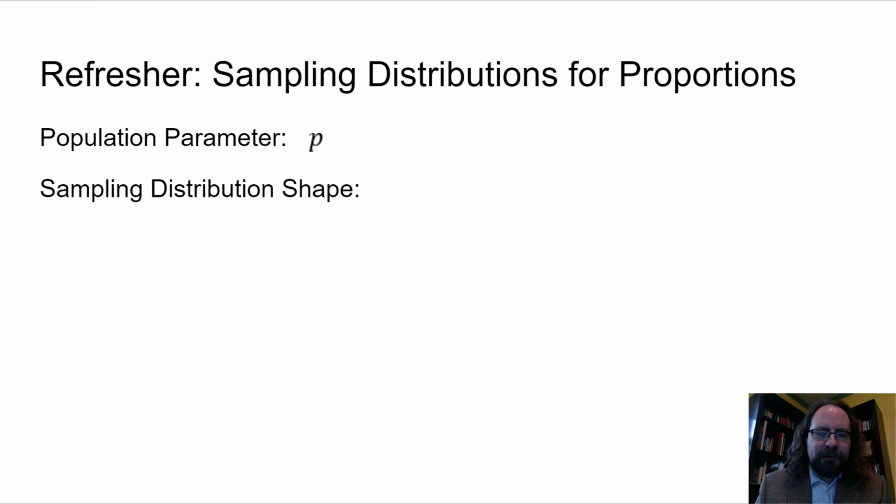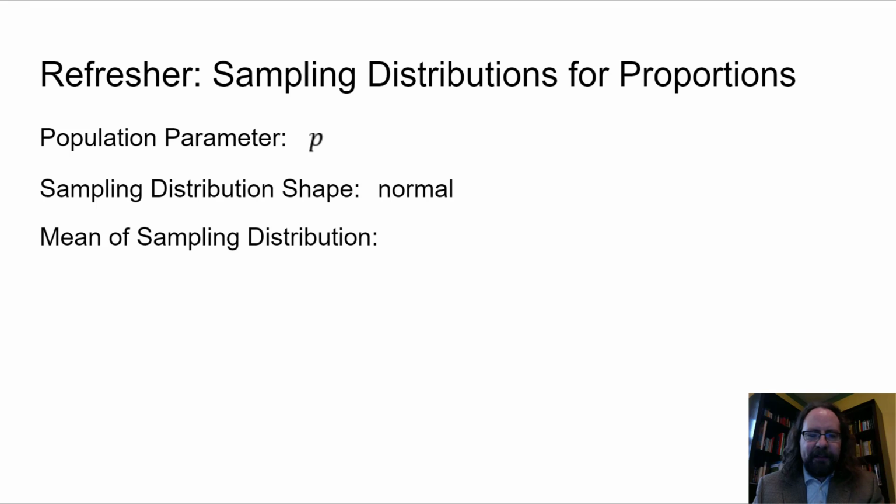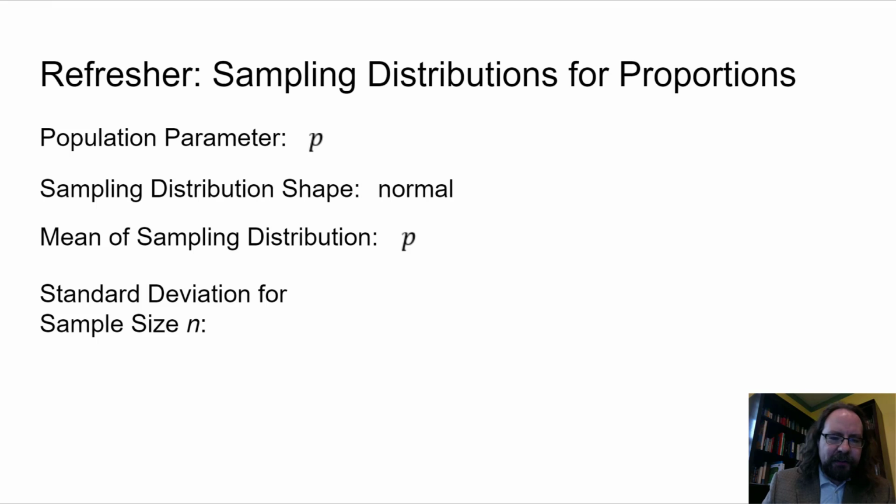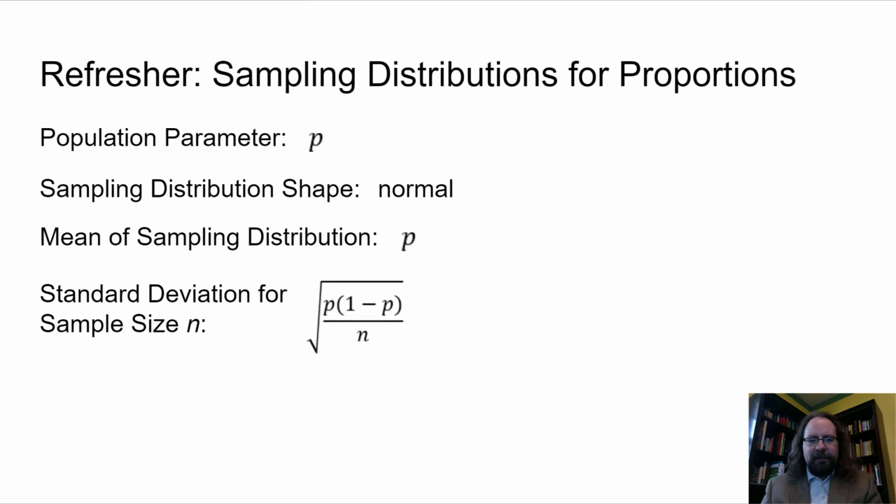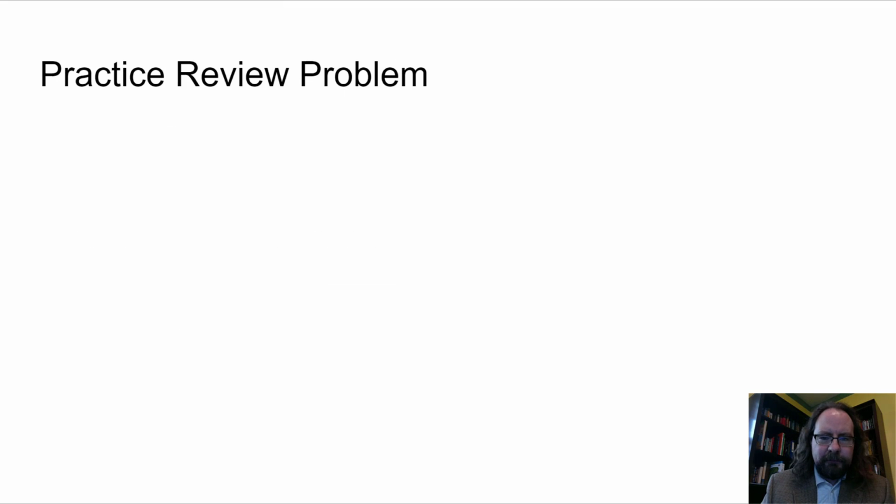The sampling distribution shape was always assumed to be normal, and the mean of the sampling distribution was found to be P, exactly the same as the population parameter. So the sampling distribution was centered on the parameter. The standard deviation of the sampling distribution depended on n, and it came out to this, the square root of P times 1 minus P over n.